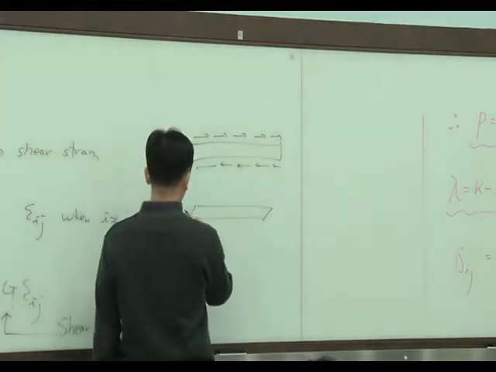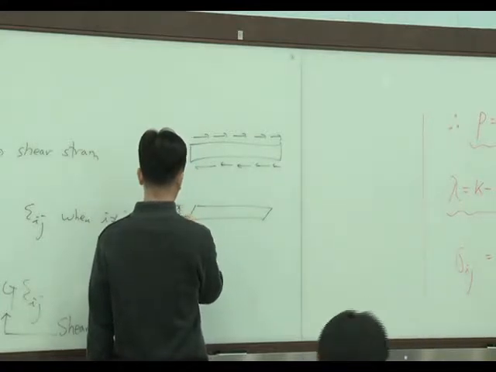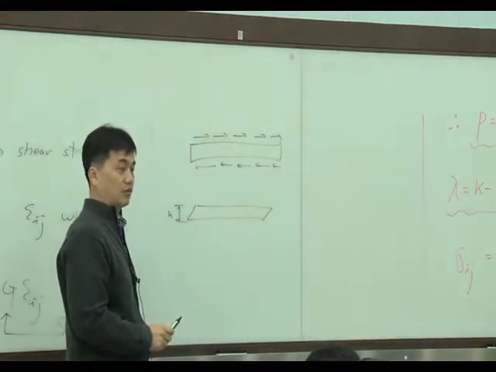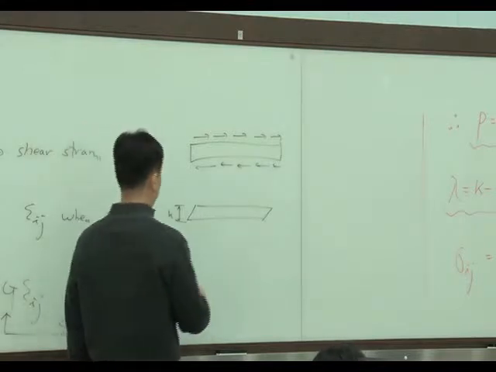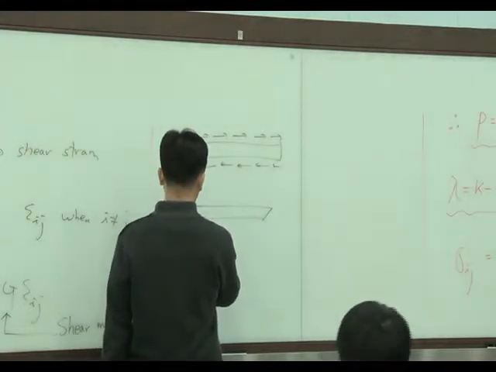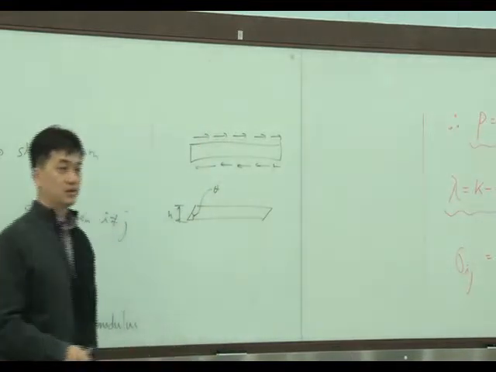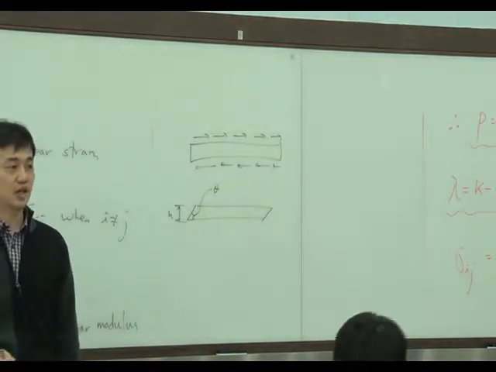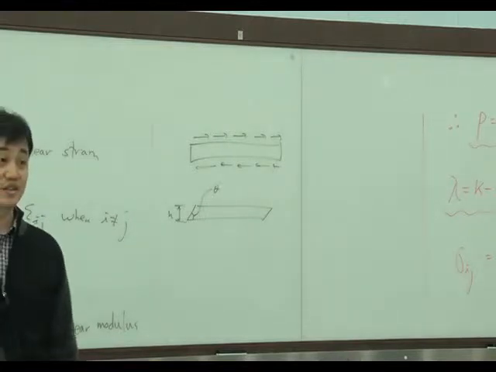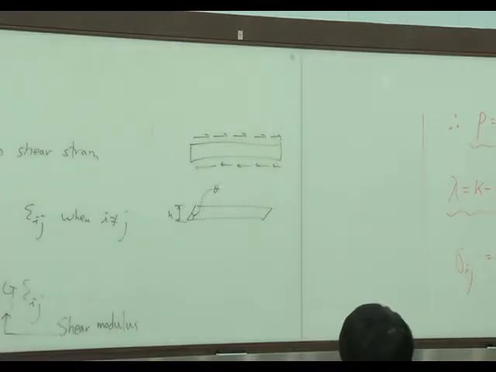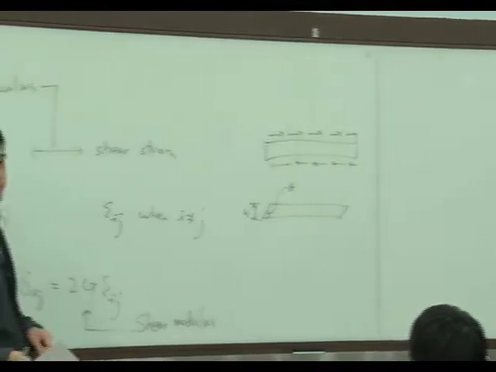So this is H, and you can calculate the angle, right? Angle theta. Shear strain is a half of that angle, right? So we know the stress, we can measure strain, then we can calculate the shear modulus. Right?